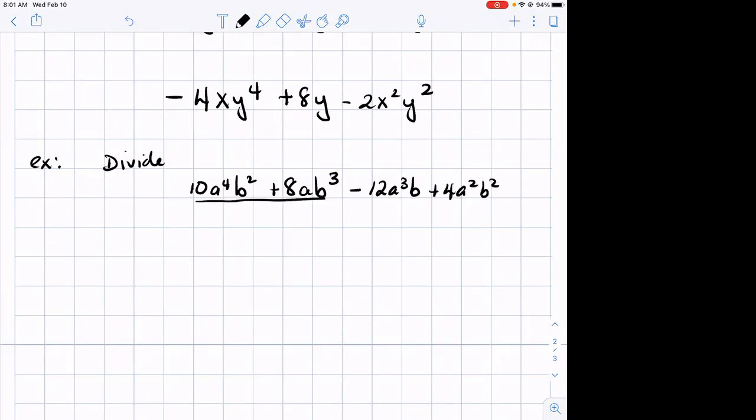And all of that divided by this monomial, which is 4a squared b squared.